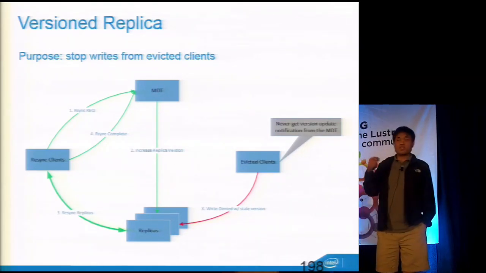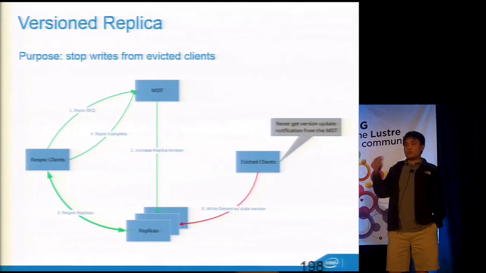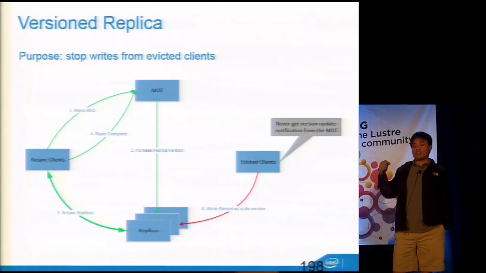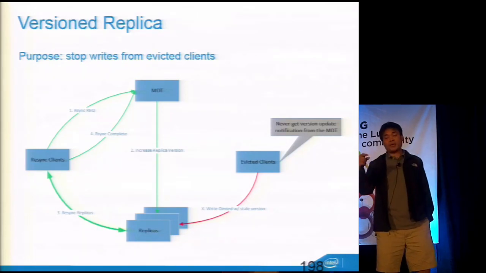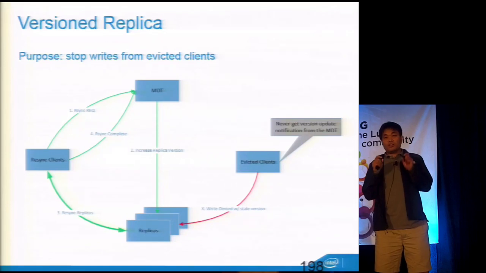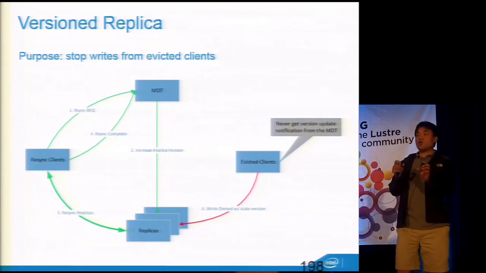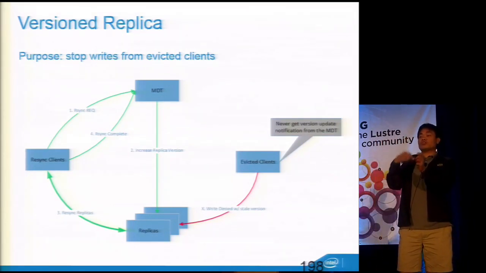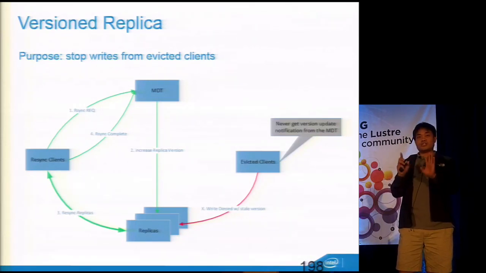The version number will be distributed by the open request to the client. Each write RPC has to carry a version number, and the write can succeed only if the version number in the write RPC matches the version number of the replicas. So this is the whole idea.